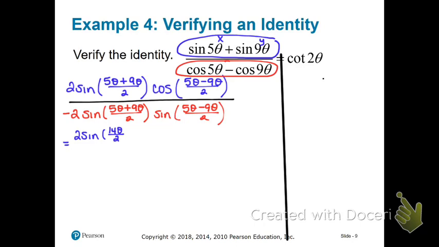Because that's what the formula is, I believe. Cosine minus cosine. Yeah, sine and sine for the formula. Just making sure not to make a mistake there.